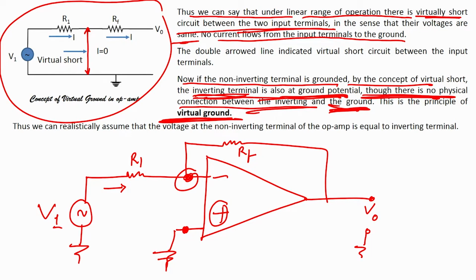Thus, we can realistically assume that the voltage at the non-inverting terminal of the op amp is equal to the voltage at the inverting terminal. Why? Because my Vd would be 0.